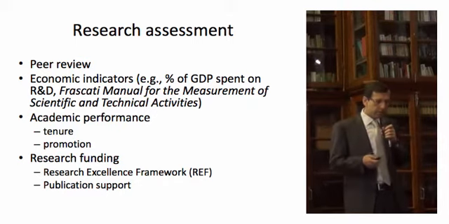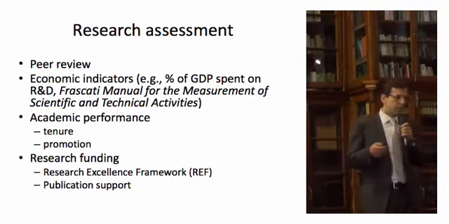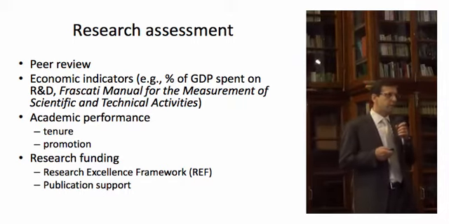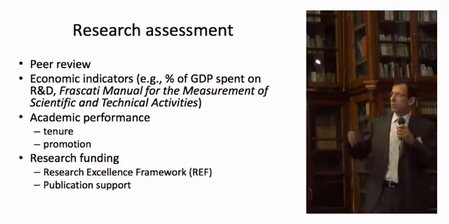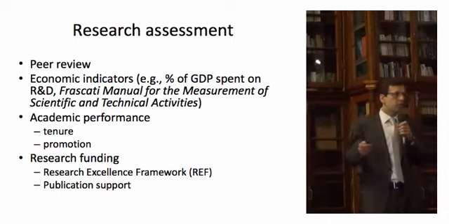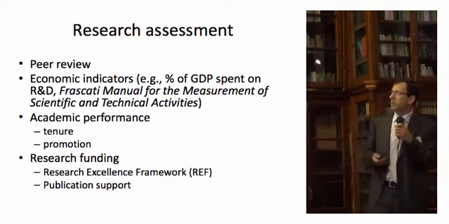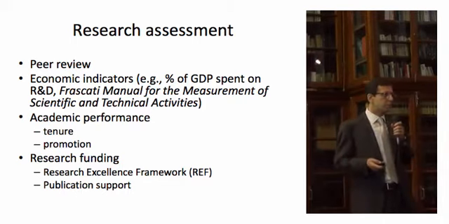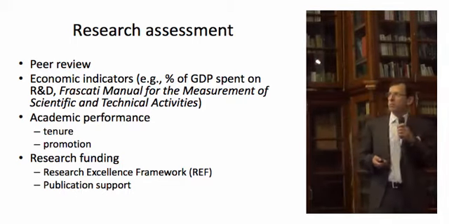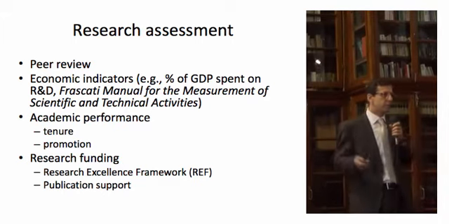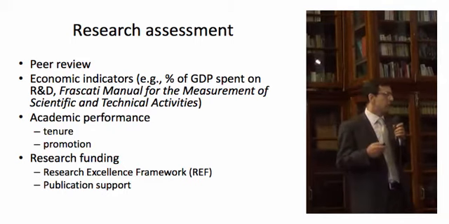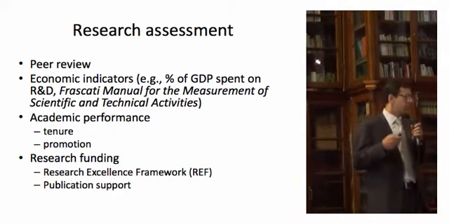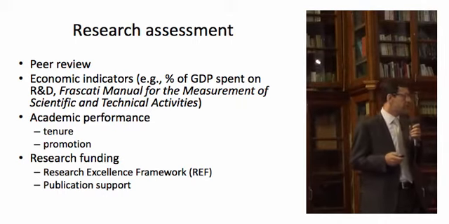In the 60s and 70s, when we also wondered about the value of research in terms of economic impact, the OECD came up with economic indicators as well, like the percentage of gross domestic product spent on research and development. They came up with the Frascati Manual, etc. So that is still continuing. In other words, peer review is still probably the most important evaluation method.